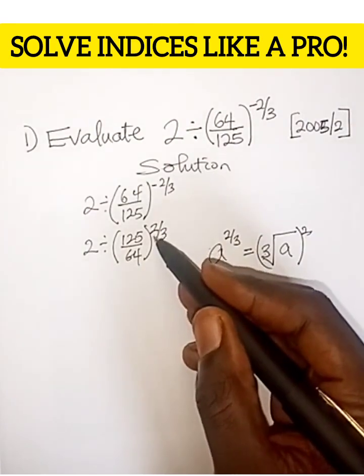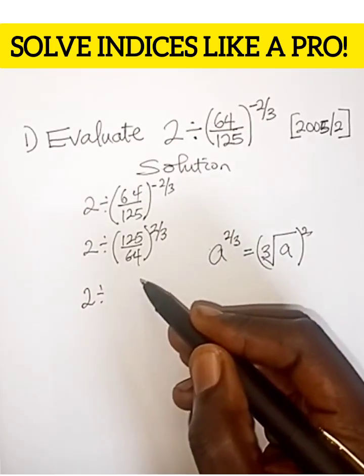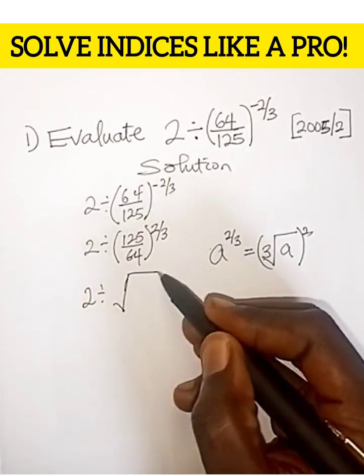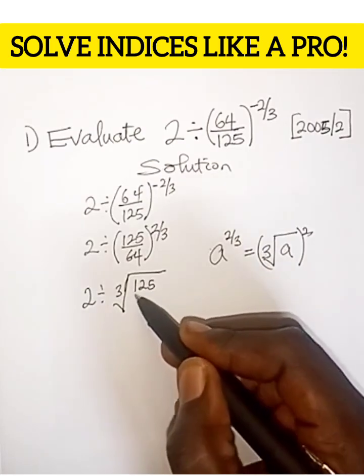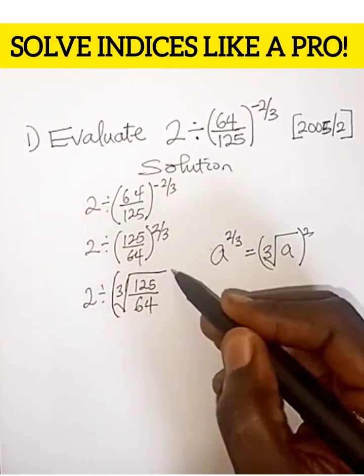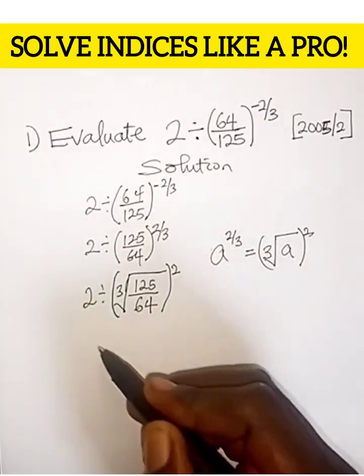So that's what we are going to apply here. We're going to have 2 divided by the cube root of 125 over 64, then everything raised to the power of the numerator, which is 2.